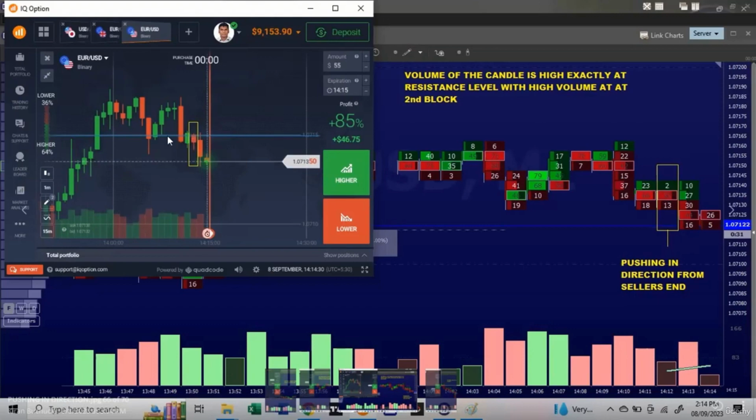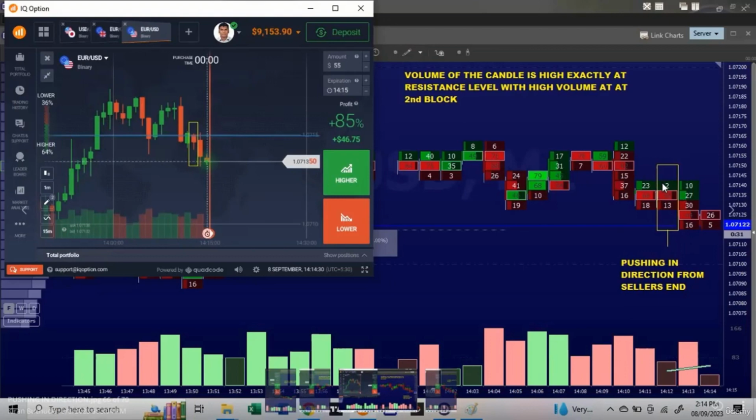At the resistance level, that means this one. After this bullish candlestick, next candle reversed, and this candlestick, this one push bar or pushing in direction? In direction. I don't know what's the opening price here. It's not perfectly visible.